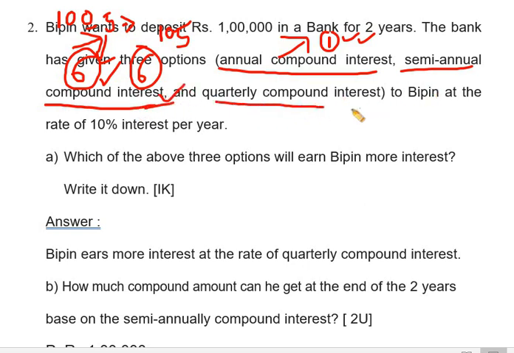Now quarterly compound interest means, in 1 year there are 12 months, so quarterly is every 3 months.